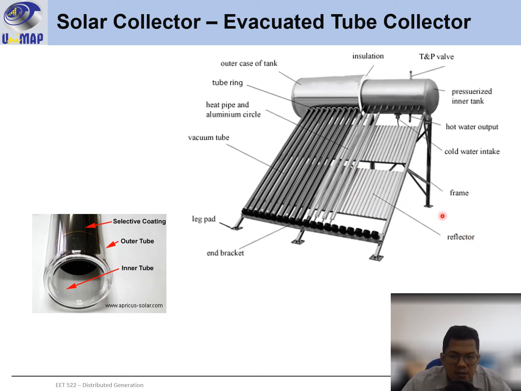Okay, the cold water intake comes from inside the house, and then it will be heated up during this process, and the hot water will be pumped out from the tank to the system inside the house or inside the factory.